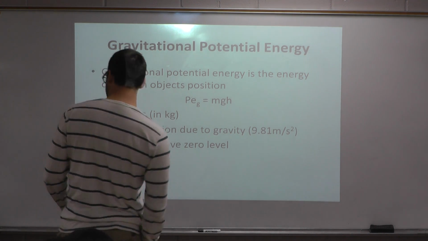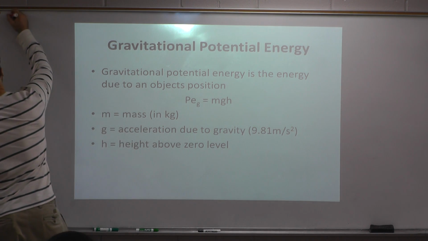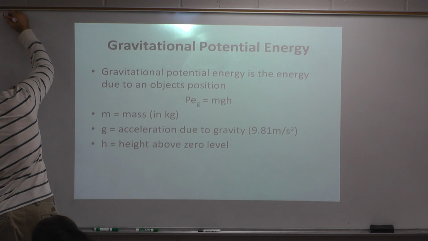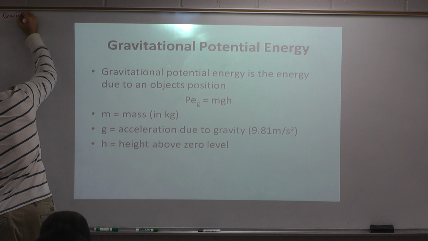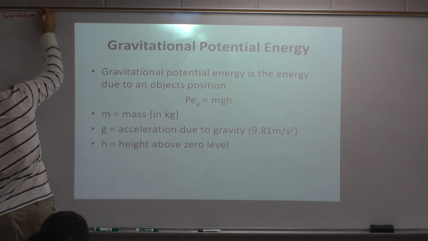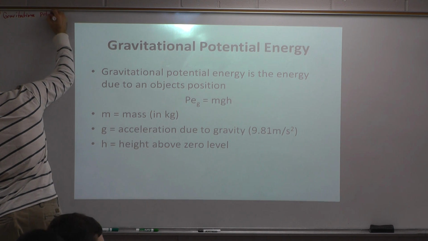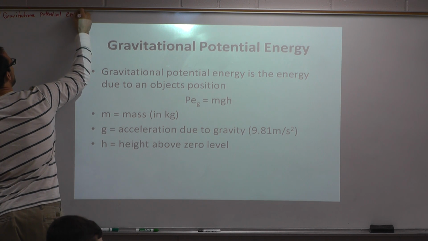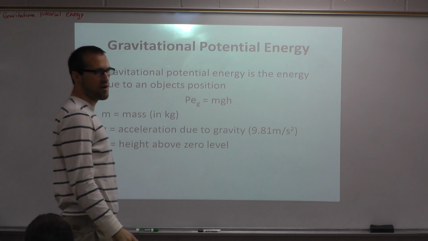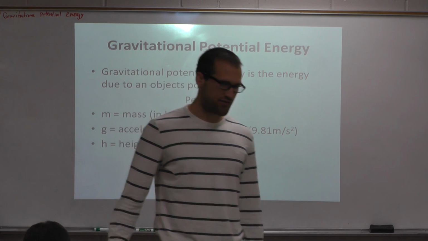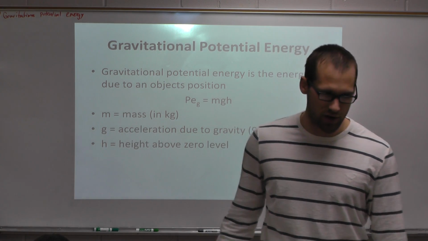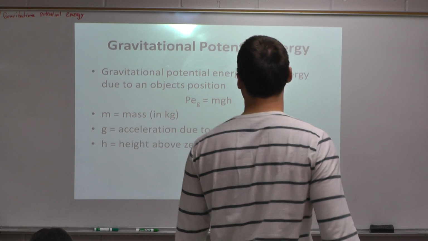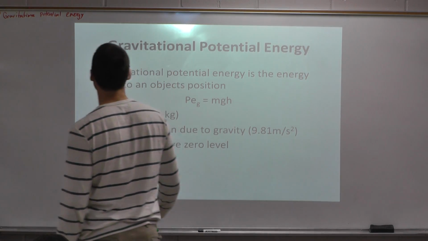Back to your book, probably time. Name of the variable: gravitational potential energy. That's the page where we have all our labels, all our variables that we said was very, very important so that we know what we're doing. Okay, gravitational potential energy is the name.